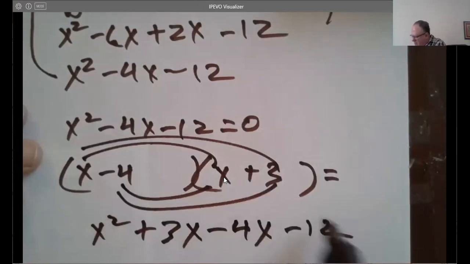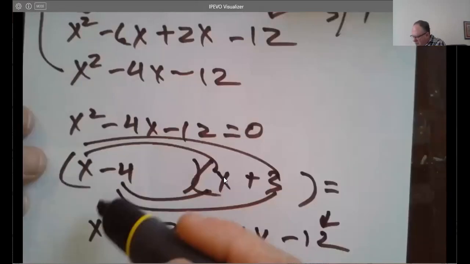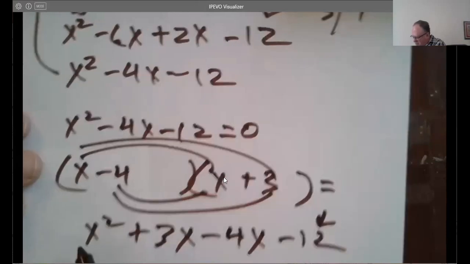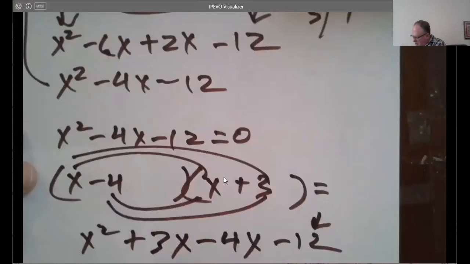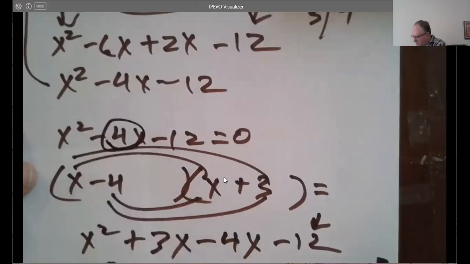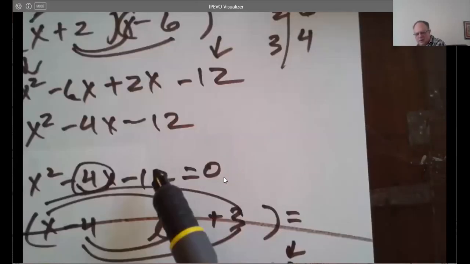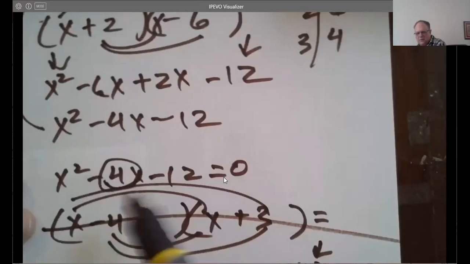We get the end term again, right? Any one of these will give you the beginning and the end term. Our beginning term is the same, right? But the middle is not. Here we get x squared minus x minus 12. Well, that does not check because we want negative 4x. So 3 and 4 are not the factors that solve this, okay?